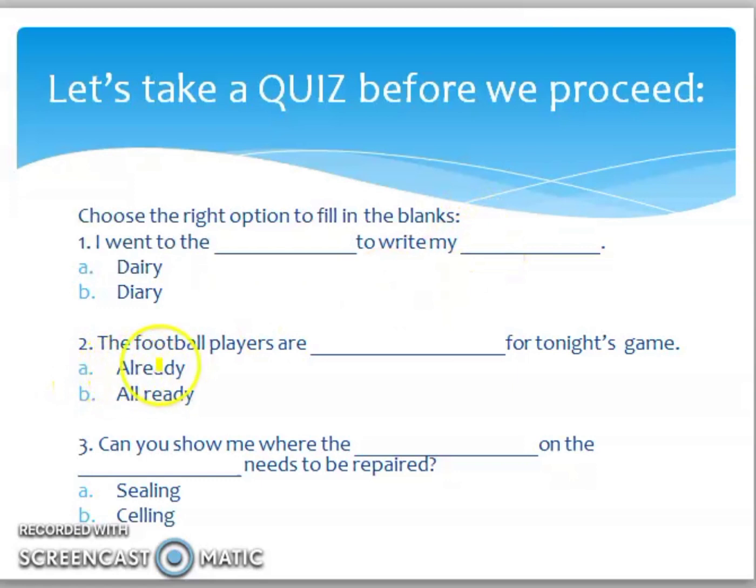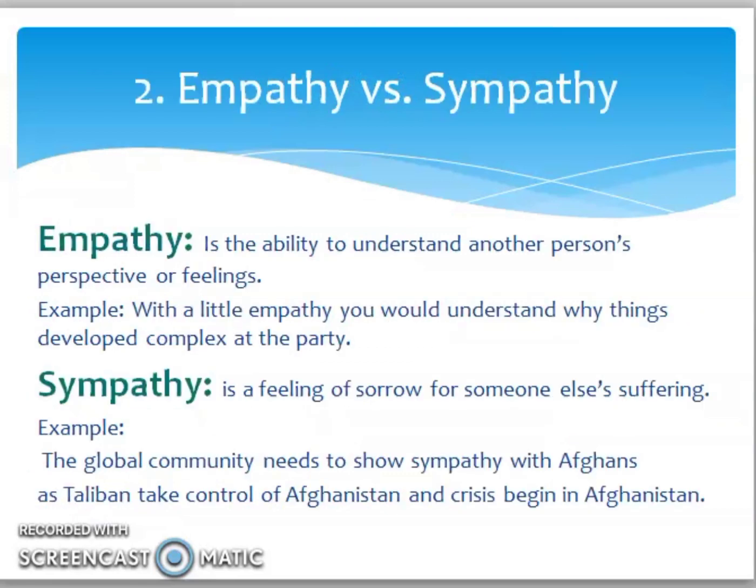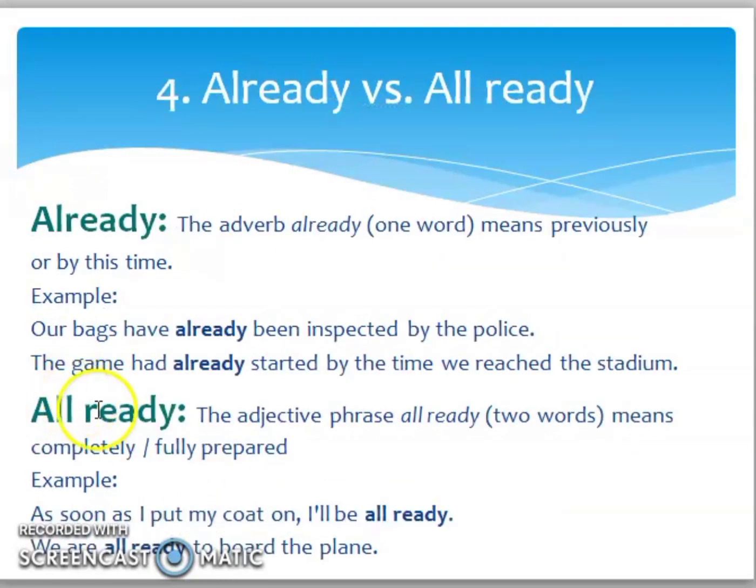The second sentence, the football players are dash for tonight's game. Already or all ready? Let's quickly recall. Already without space means previously or by the time, but all ready with space refers to something that is completely or fully prepared.